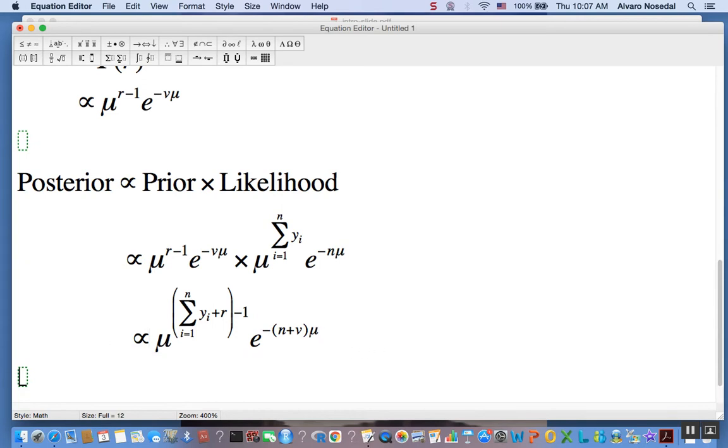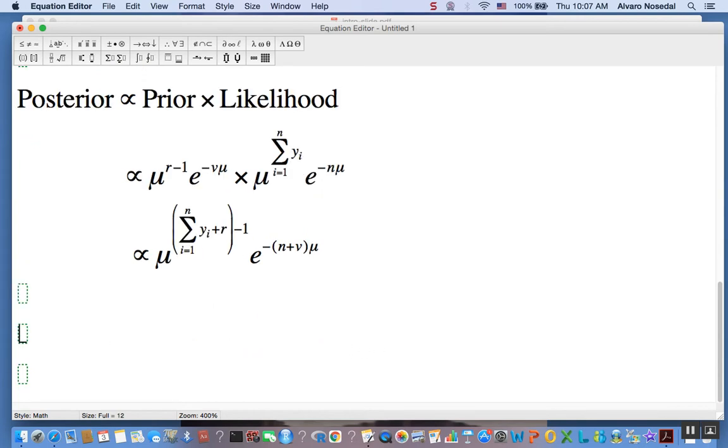So the point is that this expression here is the kernel of a gamma distribution with parameters r star. The new r happens to be just the old r plus the sum of the observations.